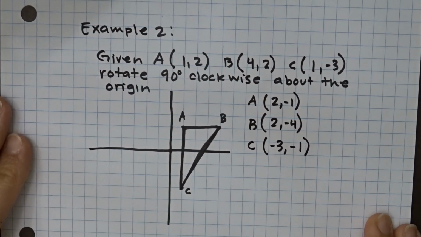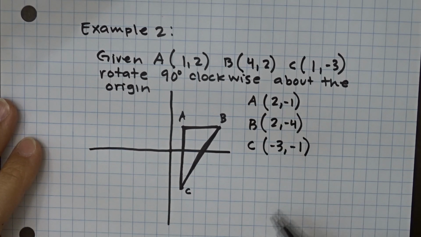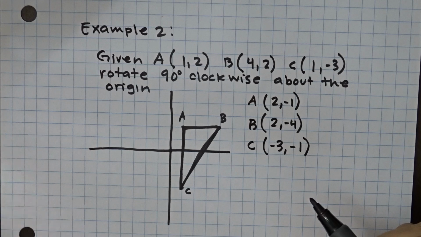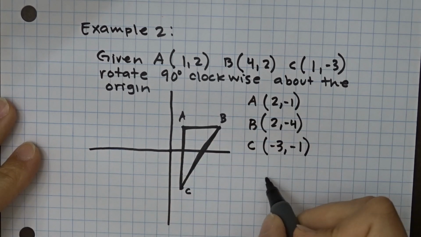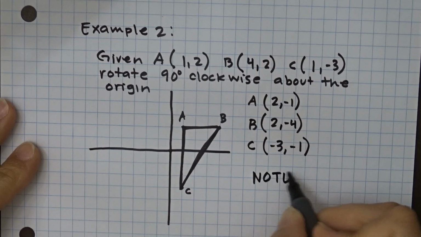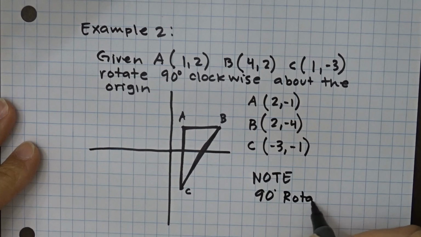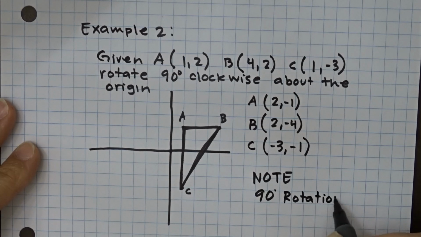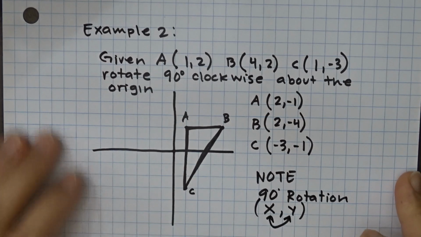So the rule was that your digits will switch, and then you have to pay attention to the quadrant that it's going to land in. So when you do a 90-degree rotation, your X and your Y digits will switch places.